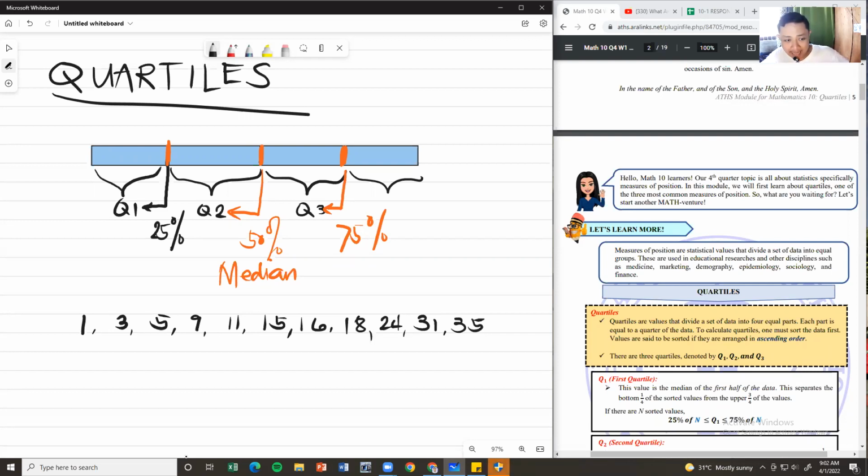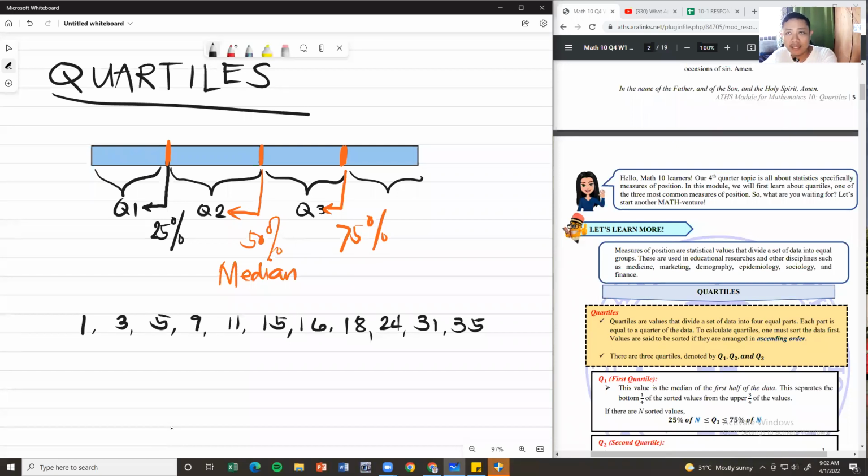Yung pinakagitna ang titingnan natin. Okay? So therefore, to do this the simpler way, all we have to do is to count, of course. Count muna our set of data. So we have 1, 2, 3, 4, 5, 6, 7, 8, 9, 10, 11.